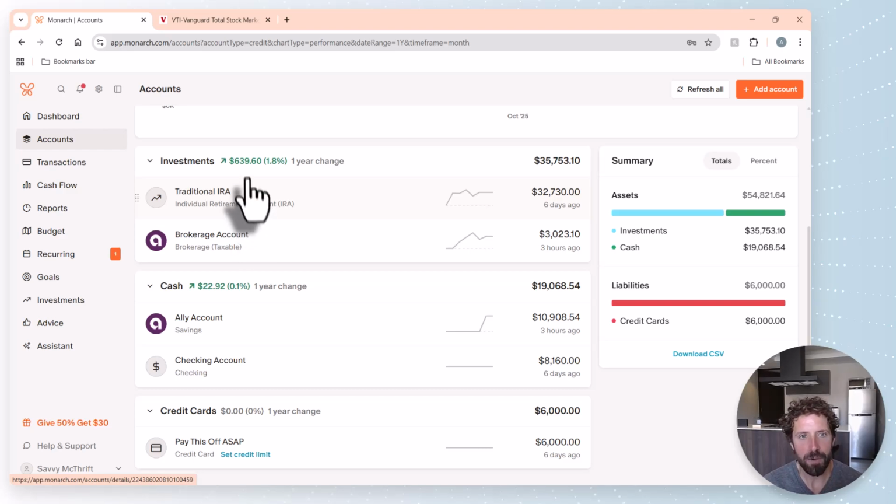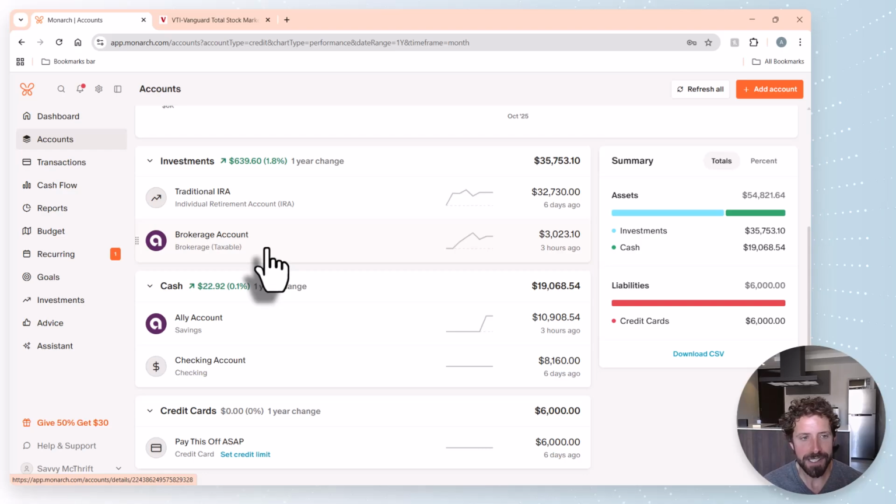You can see, okay, what makes up my $35,000 balance right here? We can see that Savvy has this traditional IRA right here. He's already socked away a ton. And we have the brokerage account. So Savvy wanted to play with some stocks. You got to have some fun in personal finance.